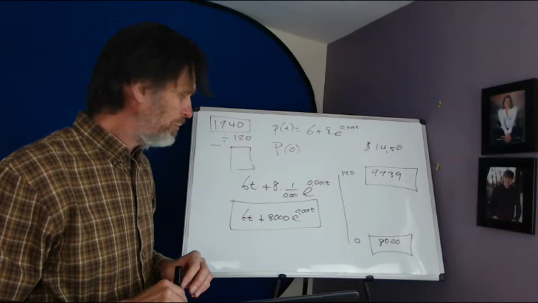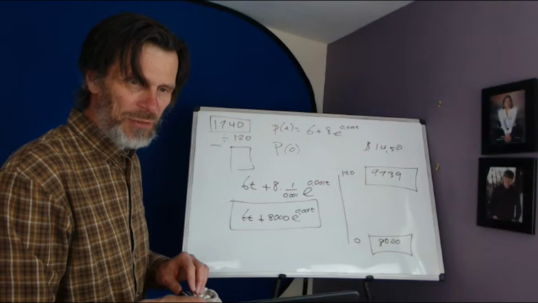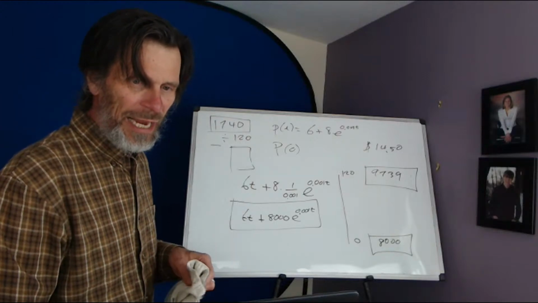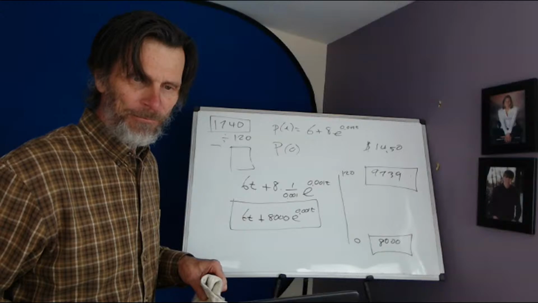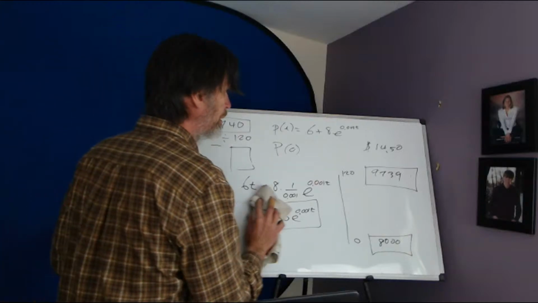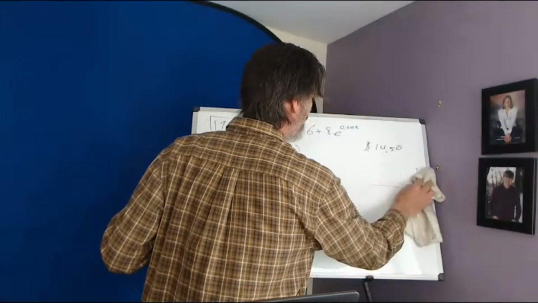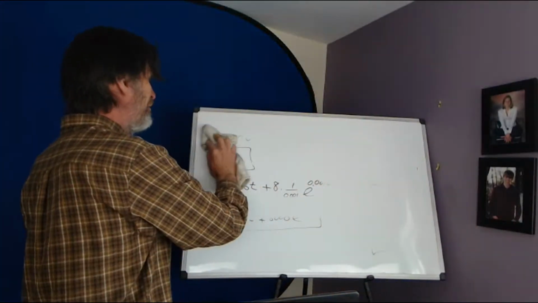Okay, so this is one of those word problems that once you catch on, they usually go pretty well, but sometimes it takes a while to catch on. What does the area of the shaded region represent? Well, all the area under the curve represents the amount of dollars that was earned.